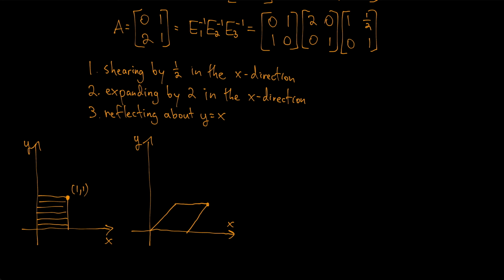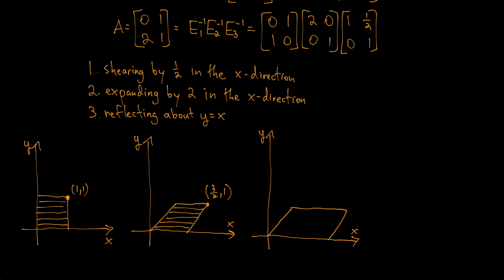Here's 3 over 2, 1, sheared by half. And then it gets expanded. So here's 3 now, because it gets multiplied by 2.